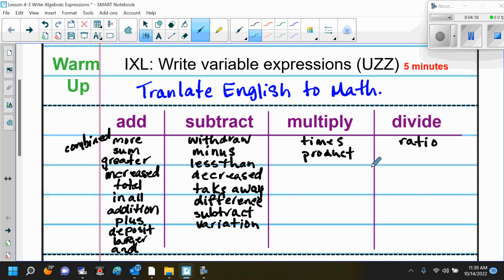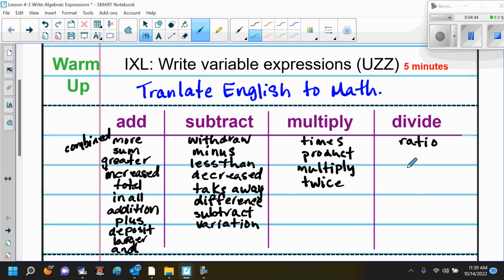What else? Okay, so let's say you go to the movies 2 times. You went to the movies? Twice. Very good. And of course, twice means times what? 2. Right. Twice means times 2.